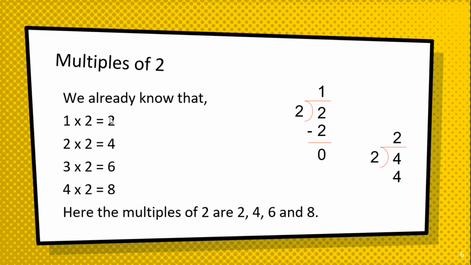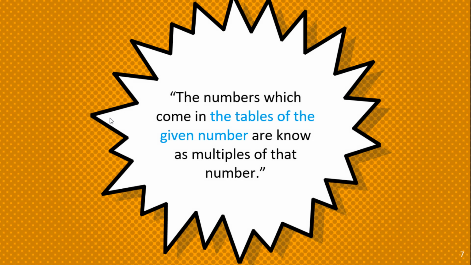So I write the 4 below and I put the subtraction sign and the line below. 4 minus 4 gives me nothing but a 0. Very good. So you can see that I am left with no remainder. So whenever we have no remainder left, we know that that number is a multiple of 2. For example, here 4 is a multiple of 2, 6 is also a multiple of 2 and 8 is also a multiple of 2.